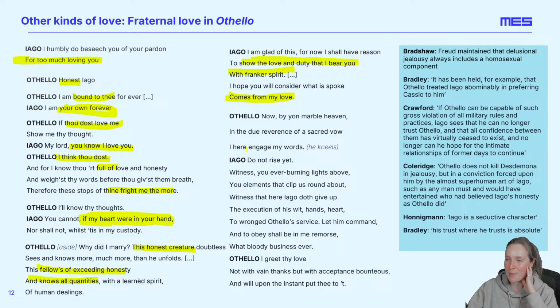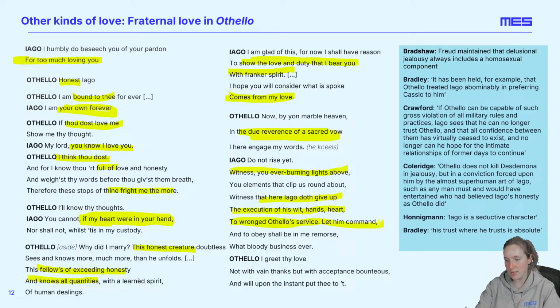And Othello also says, "Now by yond marble heaven, in the due reverence of a sacred vow, I here engage my words." So here Othello is kneeling, Act 3, Scene 3, vowing to get his revenge. And Iago, don't rise yet. "Witness, you ever-burning lights above, you elements that clip us round about, witness that here Iago doth give up the execution of his wit, hands, heart to wronged Othello's service.